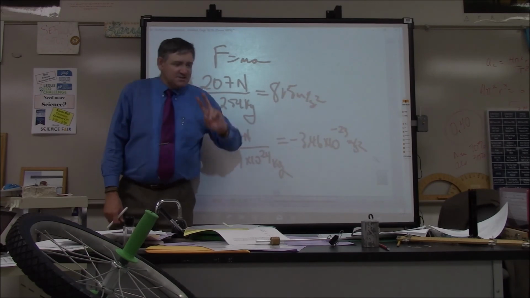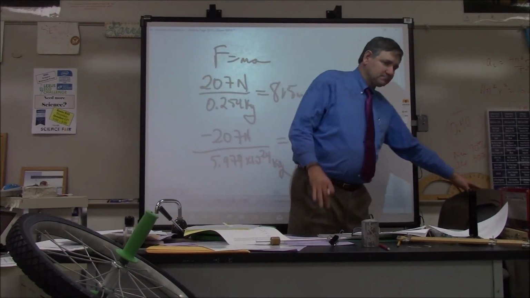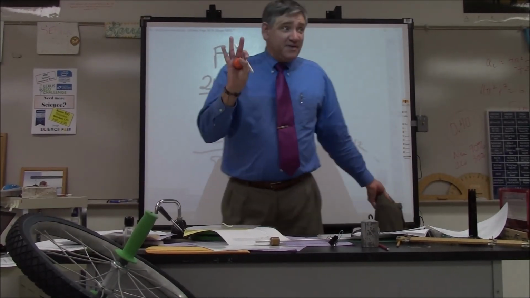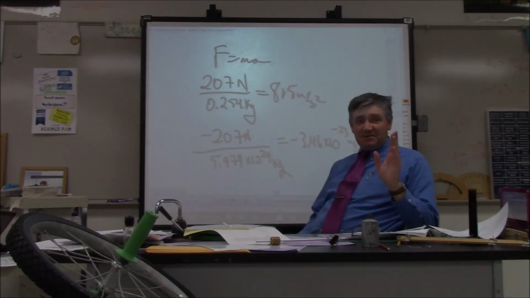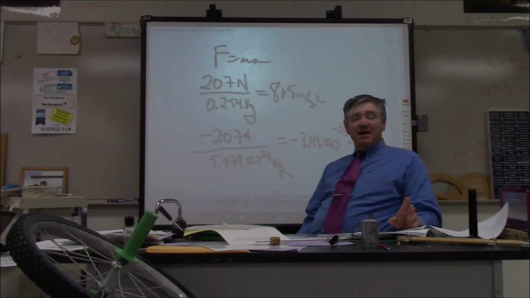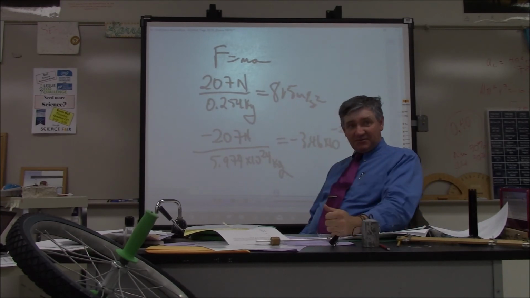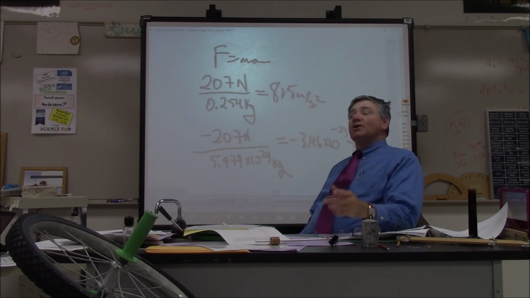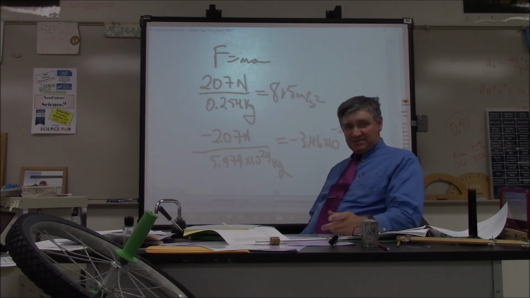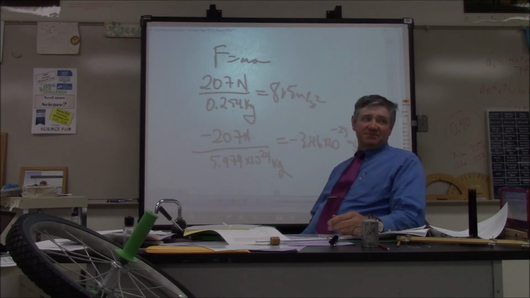So here's what I want you to understand. I'm going to ask you about 3 things when you have an interaction on the test. I promise you, these are the 3 things I'm going to ask you about. I'm going to ask you about what happens to the force, what happens with the change in momentum, and what happens to the acceleration. 2 of the 3 are equal and opposite. What are the 2 that are equal and opposite?